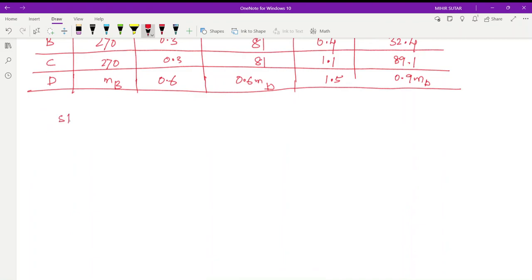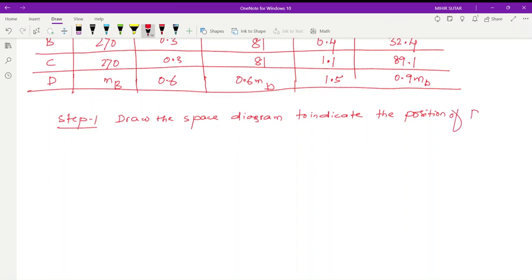Okay. Now we will go step by step to solve this. Step 1 is draw the space diagram to indicate the position of planes of wheels and cylinder.